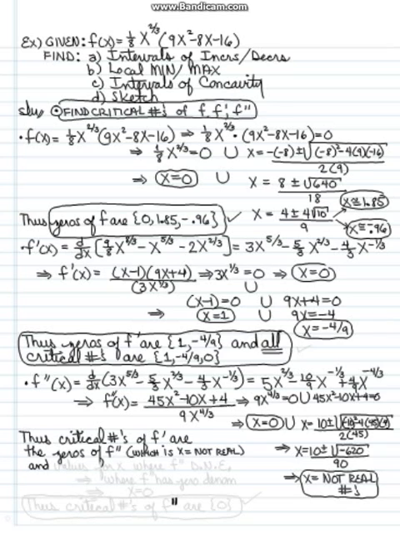Okay, so the critical numbers of f prime are, there's where the mistake is. I shouldn't say the critical numbers of f double prime, but I should say the critical numbers of f prime are the value x equals 0, because that's the value where f double prime does not exist. So that's called the critical number of f prime, not f double prime.